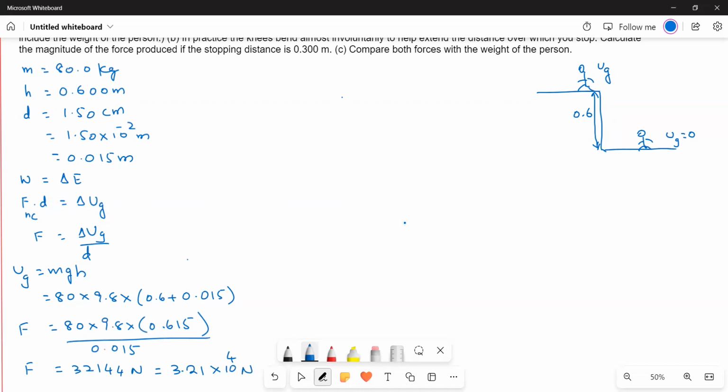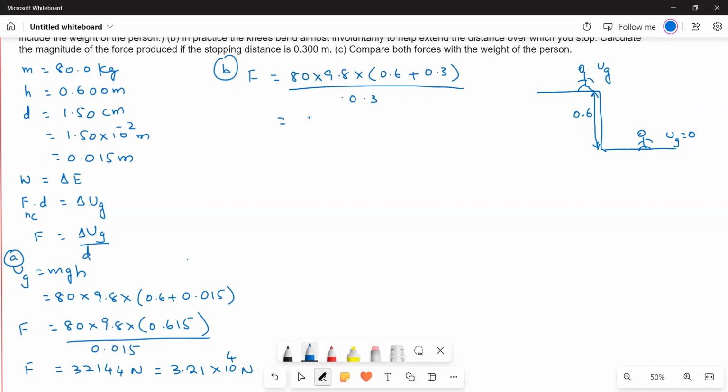Okay. Now he is asking us to find out if the stopping distance is 0.3 meters. Now we have to replace 0.015 with 0.3. So this is the A bit, and this is the B bit. Now in the B bit, F is equal to 80 times 9.8 times 0.6 plus 0.3, divided by 0.3.